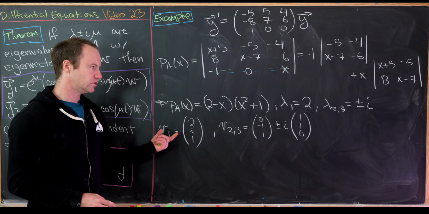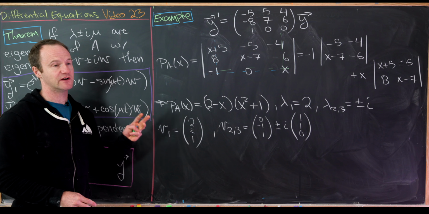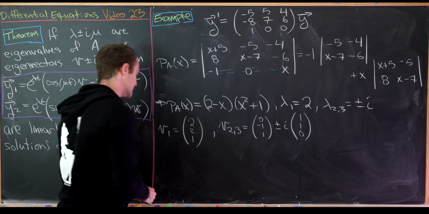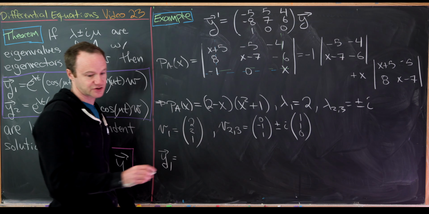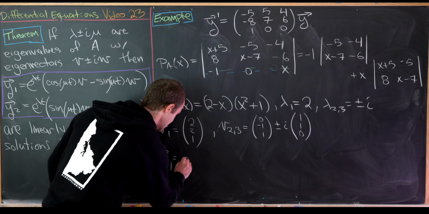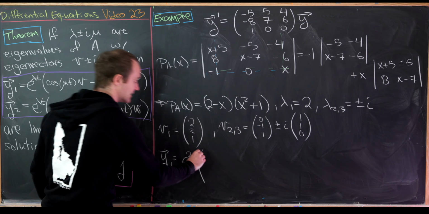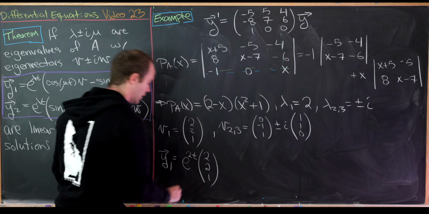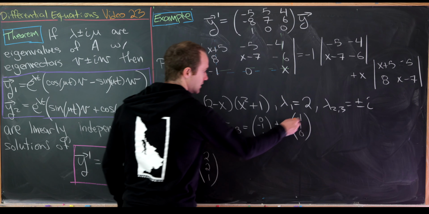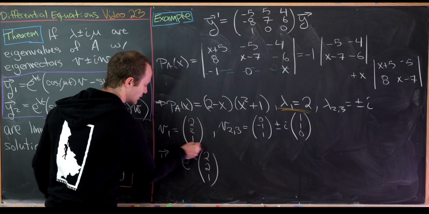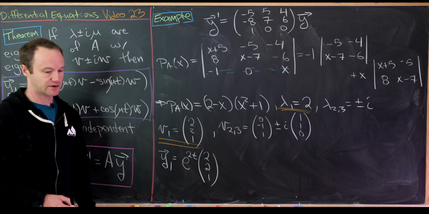Okay, now we can easily write down a collection of 3 linearly independent solutions. So the first one, I'll call it y1 vector, is equal to e to the 2t pointing in the direction of the eigenvector 2, 2, 1. That would be the solution attached to the real eigenvector and eigenvalue.